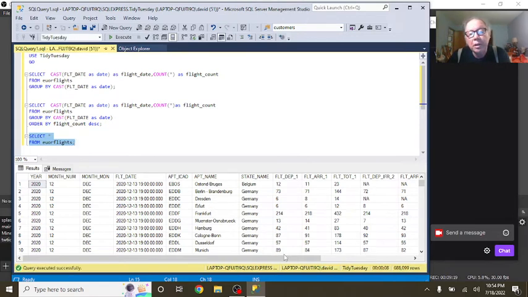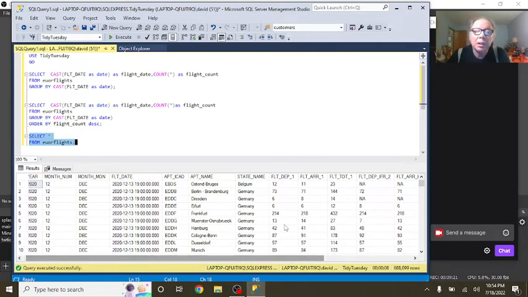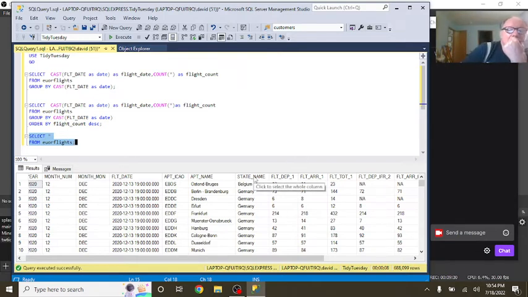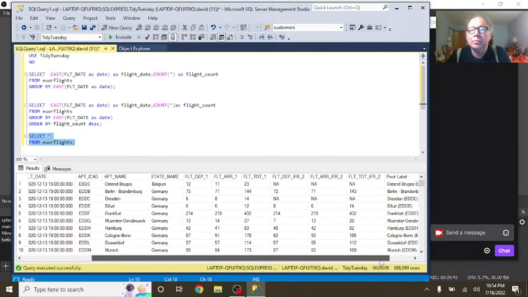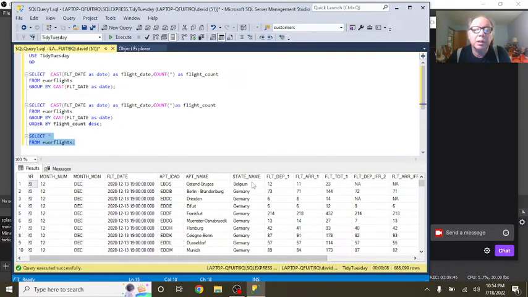State name. So we can do a count by state. Flight departures, flight arrivals. So this must mean this could be the number of flight departures and number of flights.